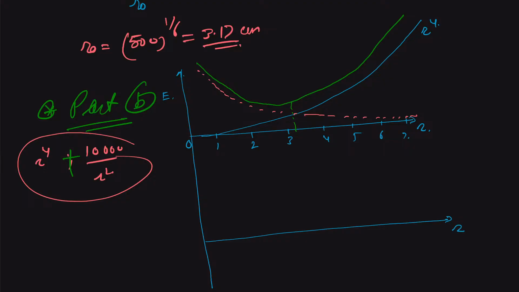Okay. And this is our minimum value of energy, and that value of R we are going to call R minimum. Okay. Please remember, this is only an approximation. Exactly it will be a little bit difficult, requires lots of calculation.